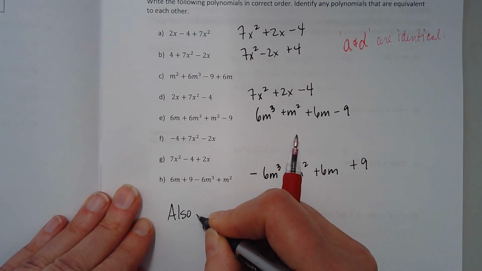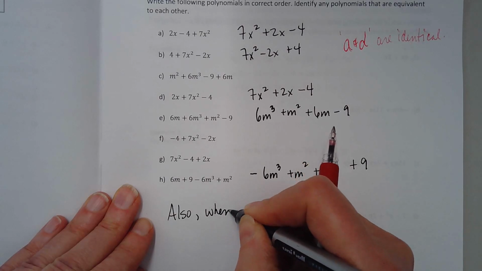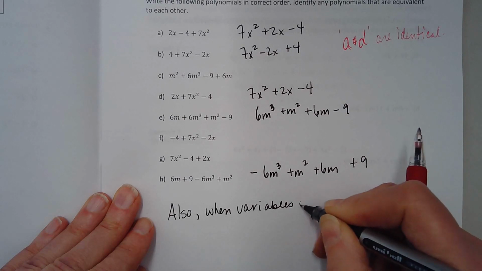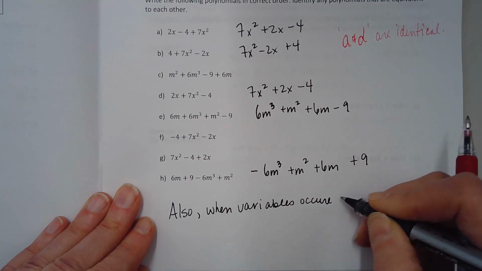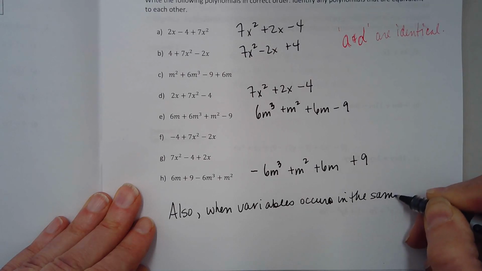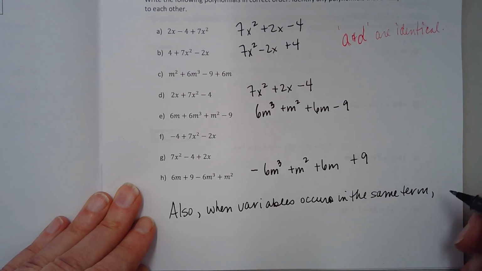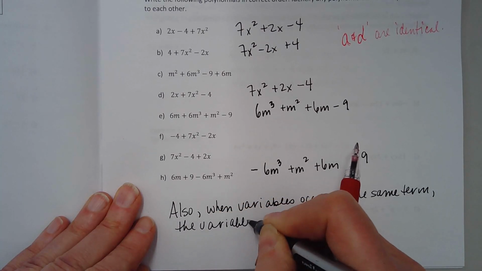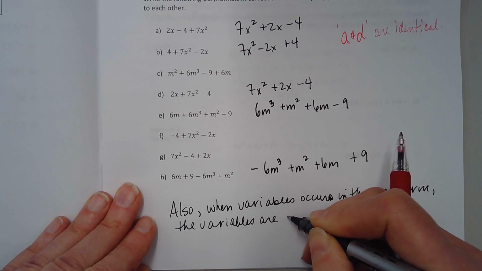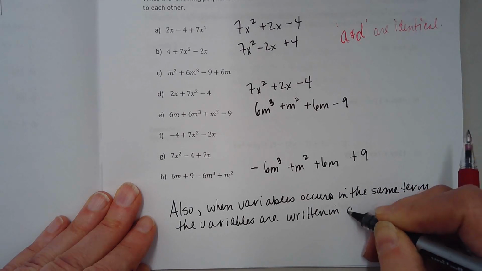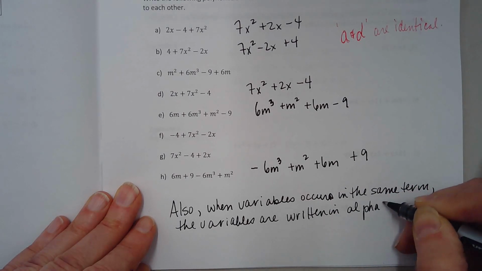Also, when variables occur in the same term, the variables are written in alphabetic order. Alphabetic order.